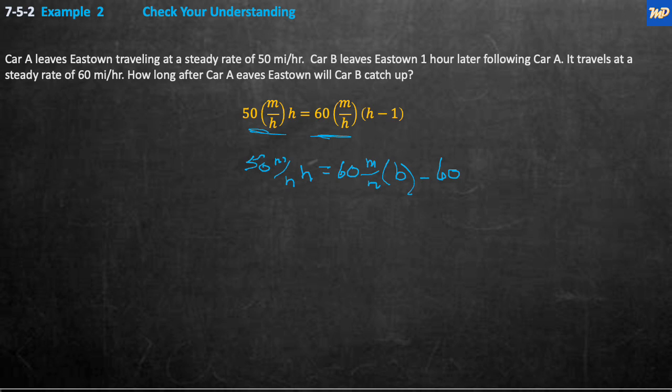So we'll end up with 50h minus 60h is equal to, now this side is going to be 60h minus 60h minus 60.